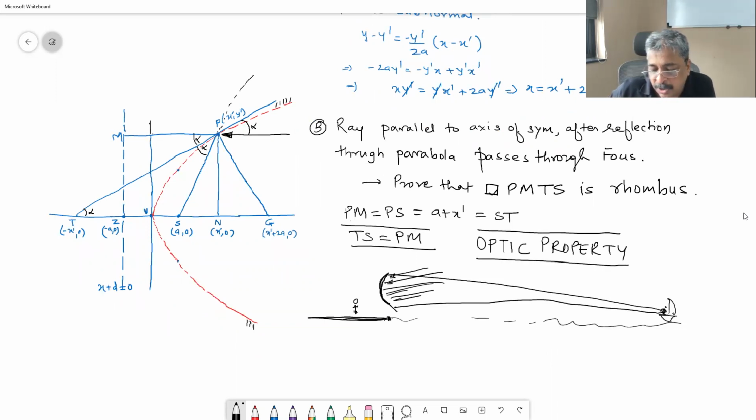Tangents at the end of a focal chord intersect at right angles on the directrix. We have done this, but let us write it.